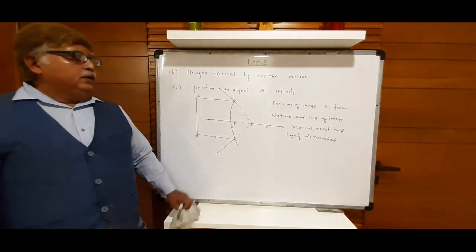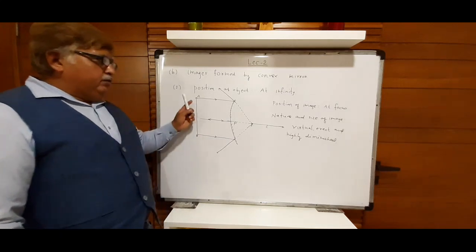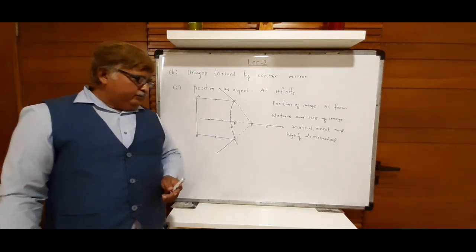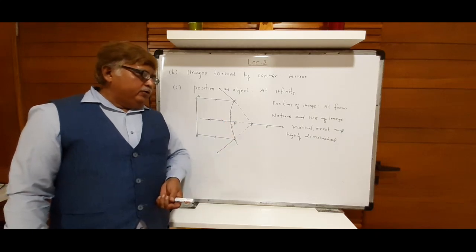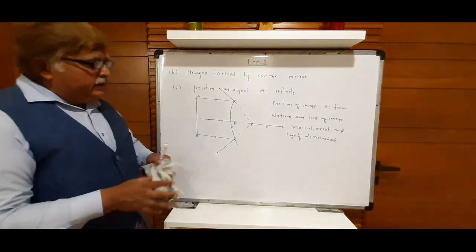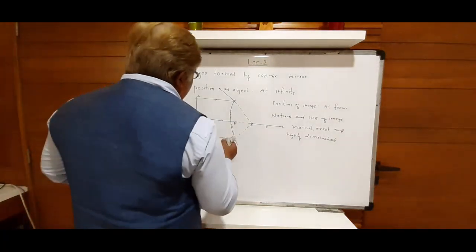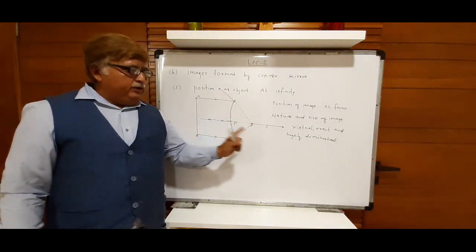Okay? First diagram, my dear student, you understood. Object was at infinite distance. Three rays, as you know, we have done in case of concave mirror, but the image here is virtual, erect and highly diminished. You have drawn the diagram. You must have written all details.